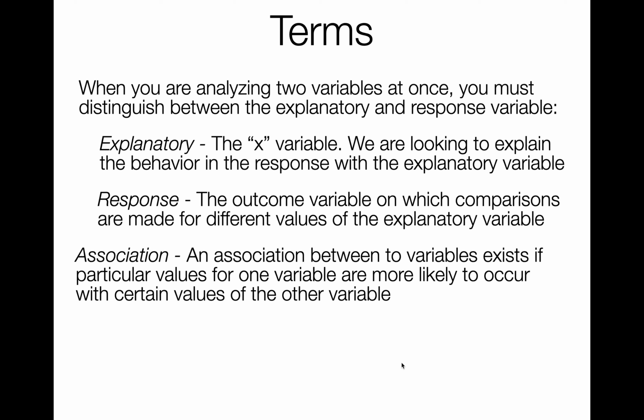An association between two variables, and I should have proofread this better. An association between two variables exists if particular values of one variable are more likely to occur with certain values of the other variable. Okay, that's a bit of a long-winded definition.